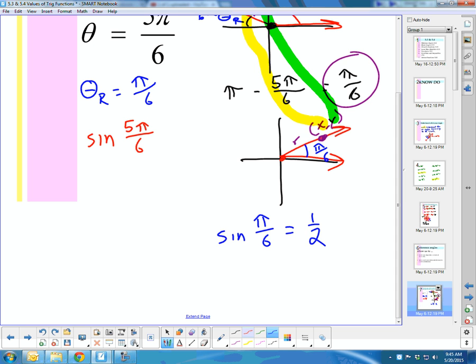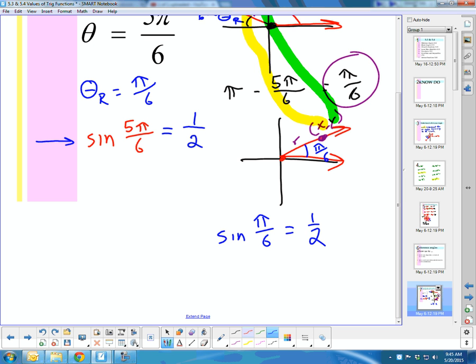That's just something we know from our chart. Then when I go to sine of 5 pi over 6, I'm going to have the same radius of 2 and the same y coordinate of 1. So actually sine of 5 pi over 6 also equals 1/2.